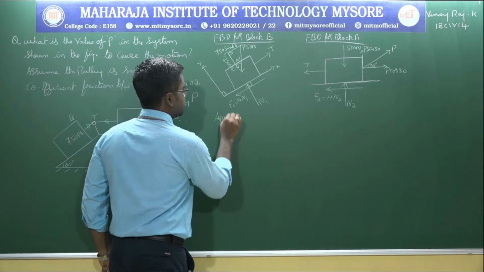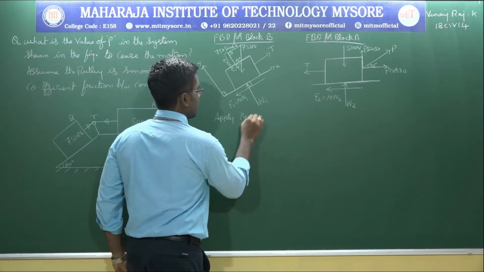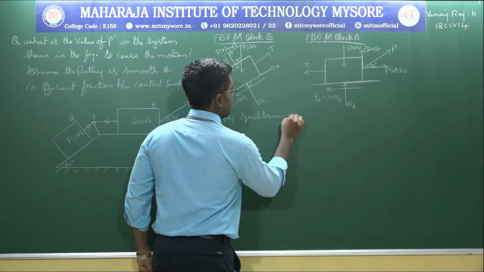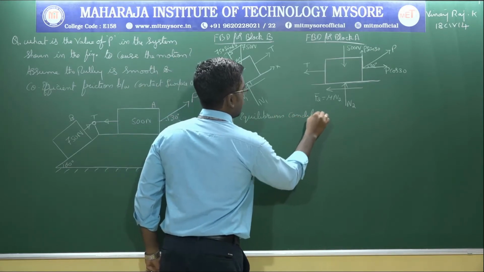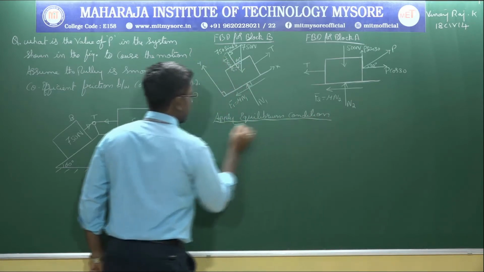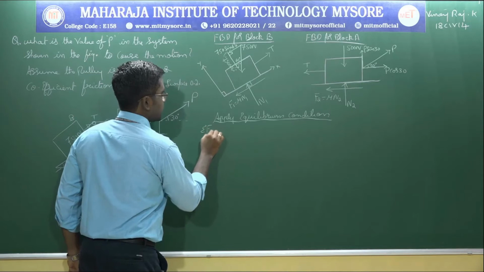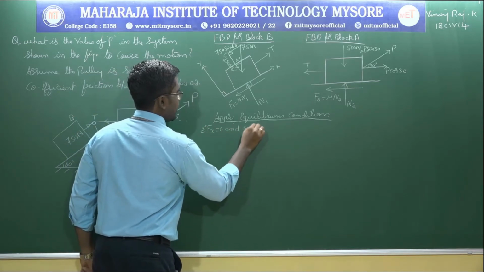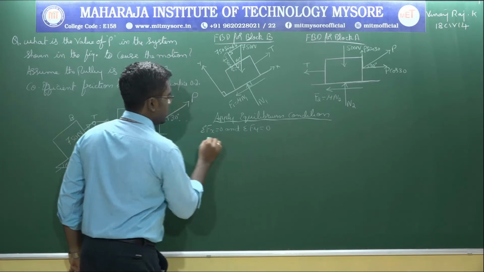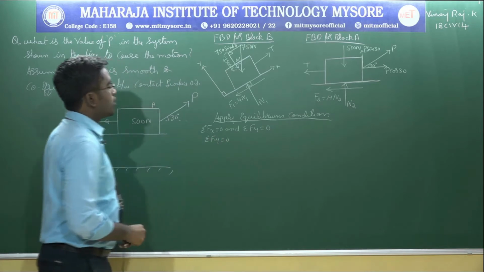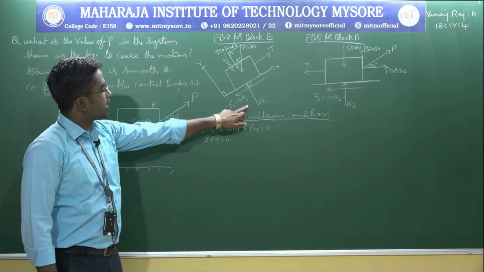So now I am going to apply the equilibrium condition, that is summation of Fx is equal to 0 and summation of Fy is equal to 0. So I am going to apply summation of Fy is equal to 0. In this free body diagram, there are two vertical forces.